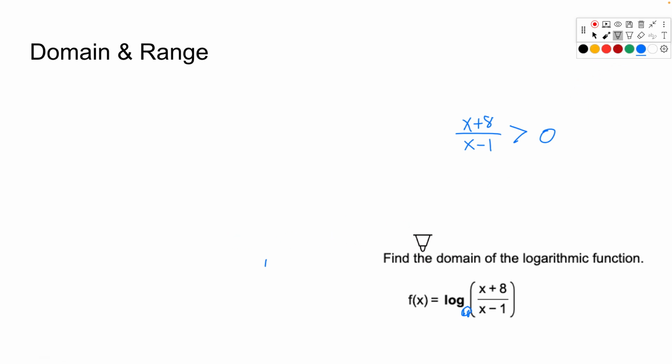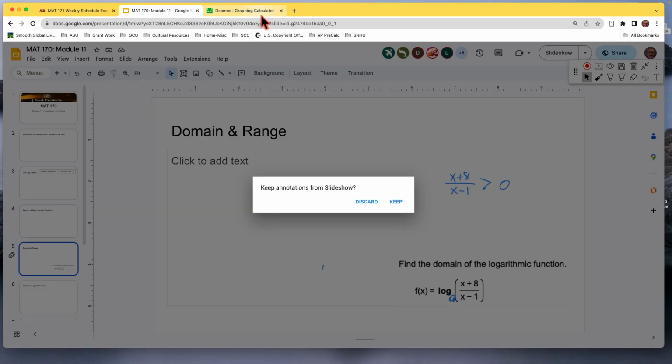So by graphing, we found negative infinity to negative 8, union 1 to infinity. How about the range? The range was still shooting down to negative infinity, going up to positive infinity. Guess we'll go back.